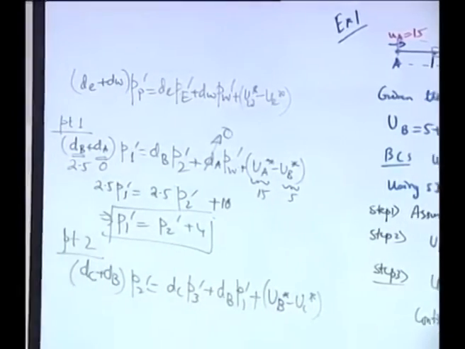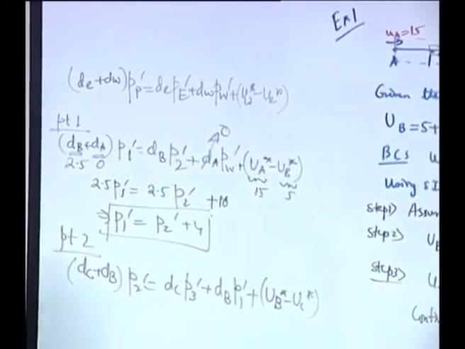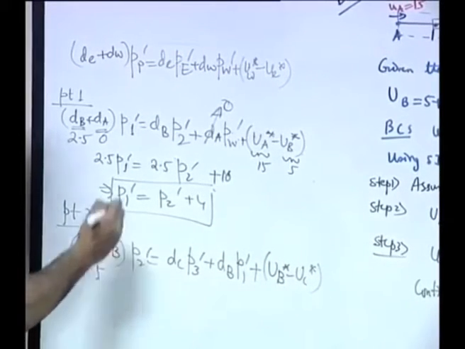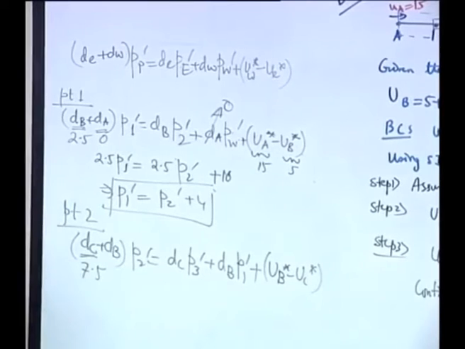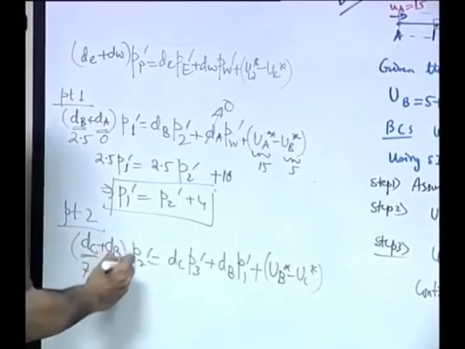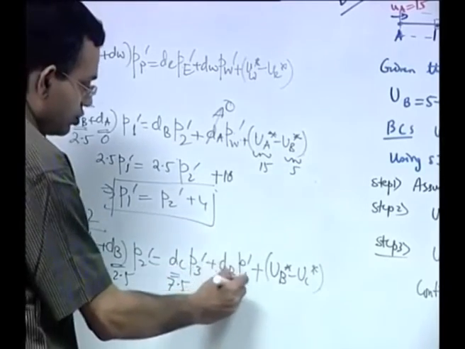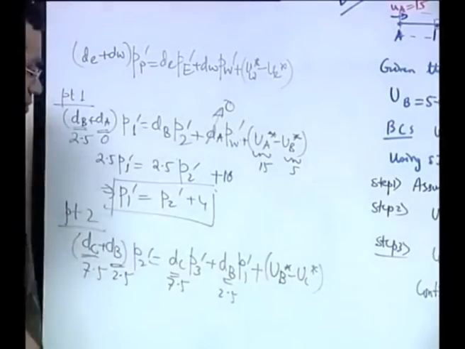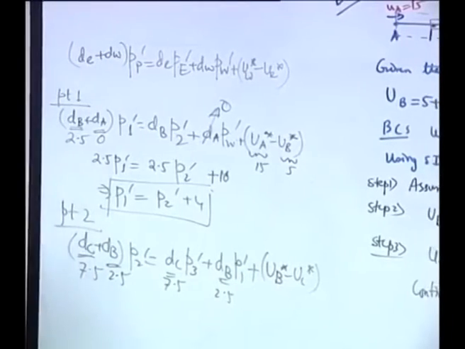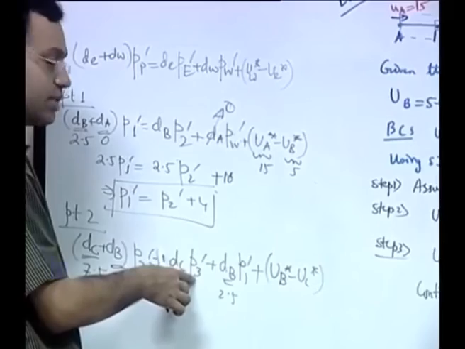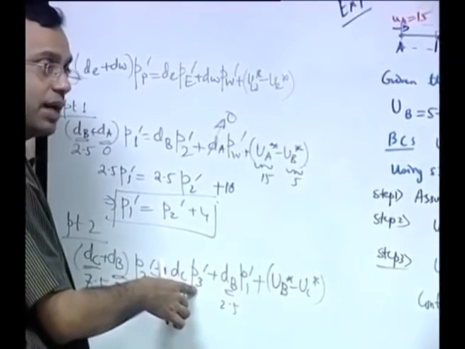So let us substitute the values. DC is 7.5, DB is 2.5, so 7.5, this is 2.5, but even if it is 7.5 it does not matter because P3 is given, so P3 prime is 0.